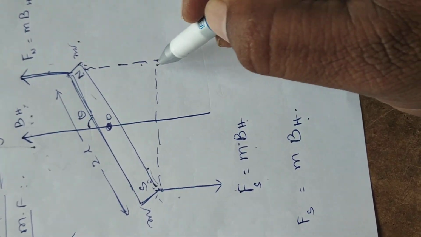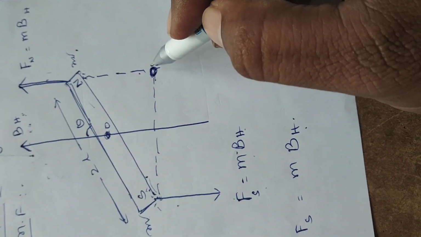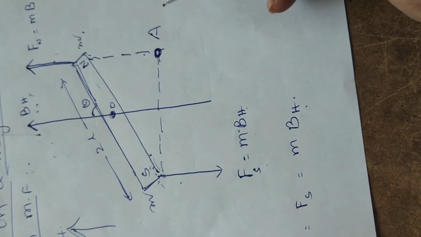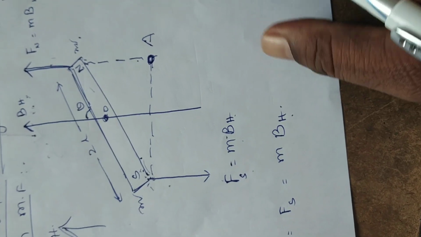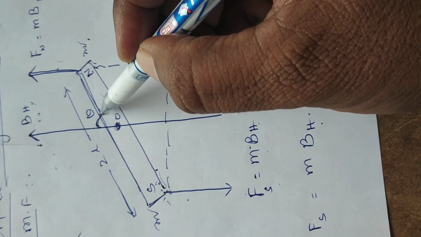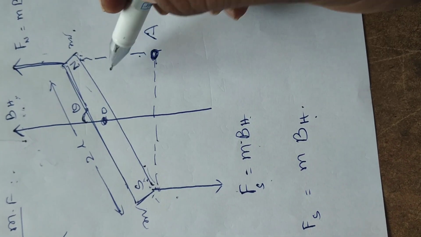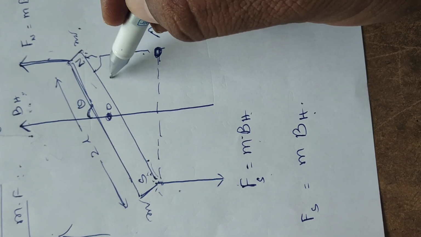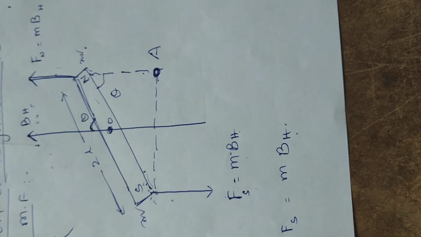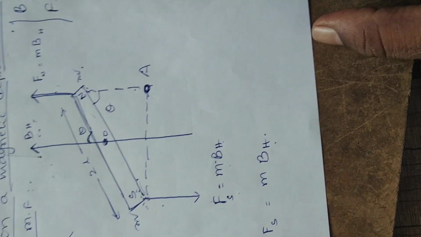This is the perpendicular distance. It intercepts at the point A, say. Here this is the angle theta, and these are two straight lines, that's why here this is also theta. Do you understand?